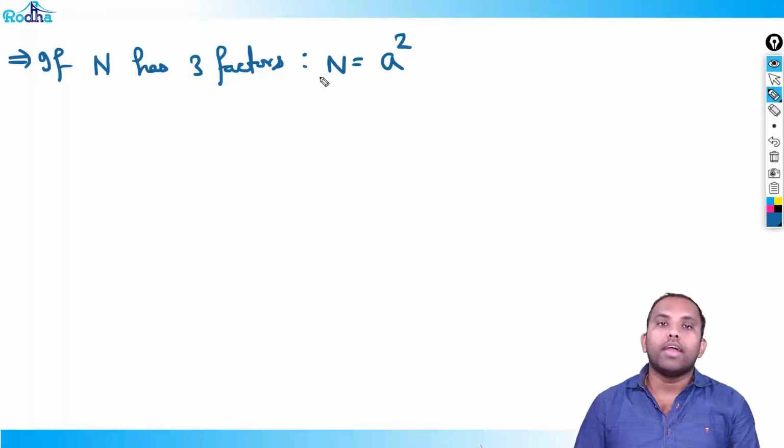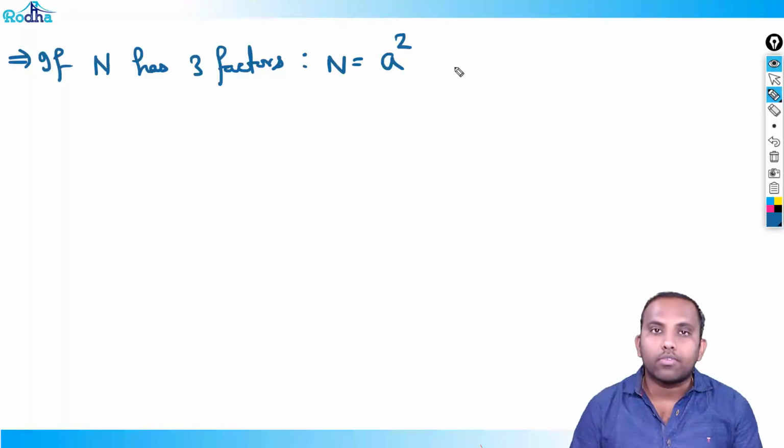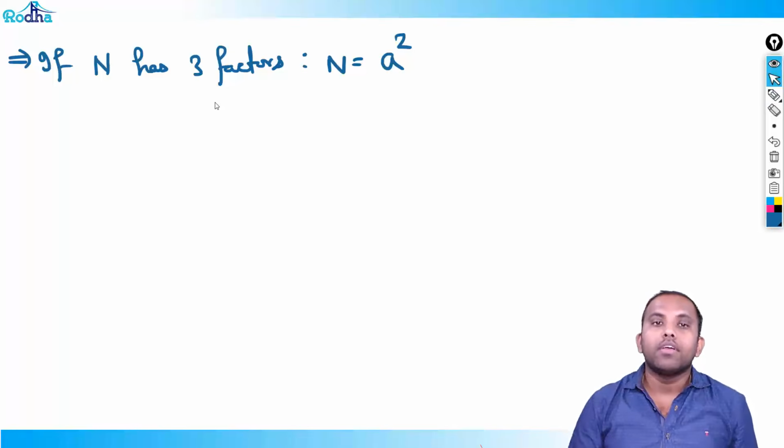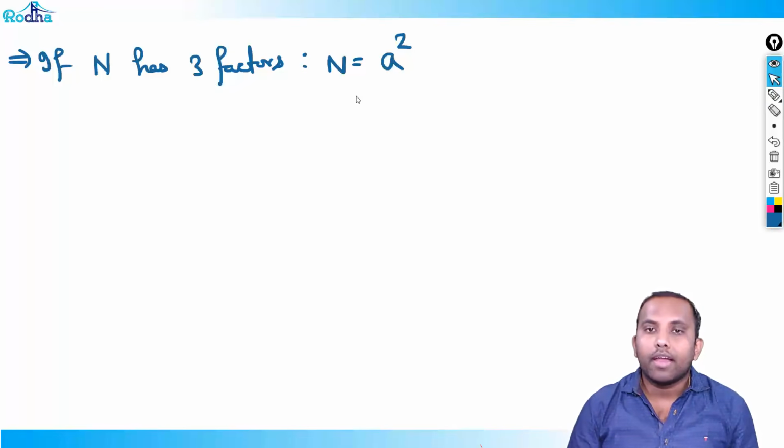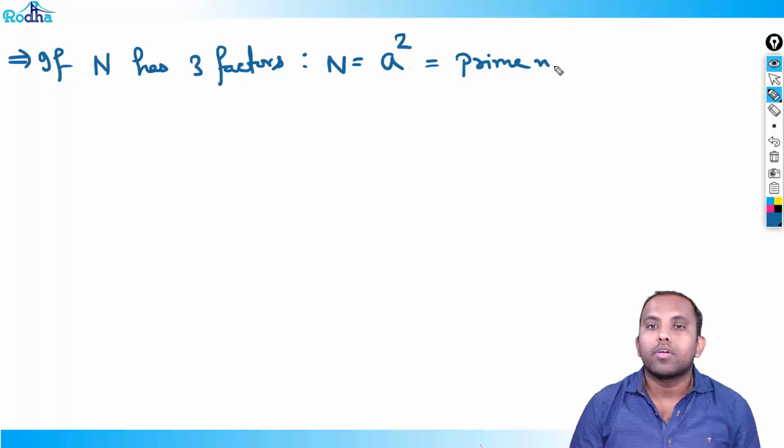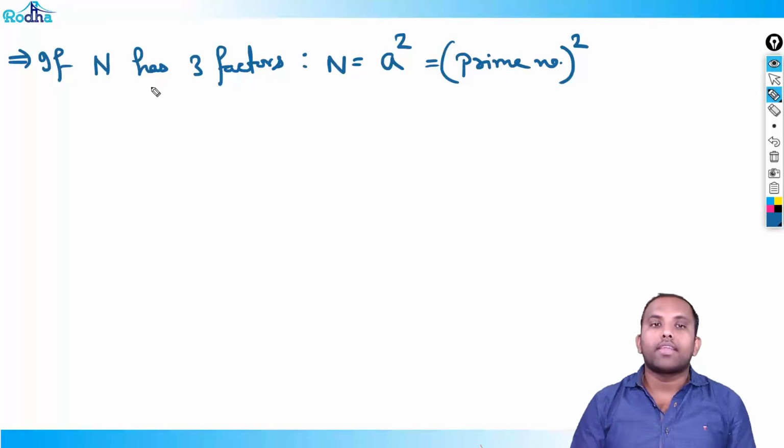That means if n has 3 factors, n is equal to a square. All the numbers having 3 factors are of the form a square. That means it is any prime number square, right?